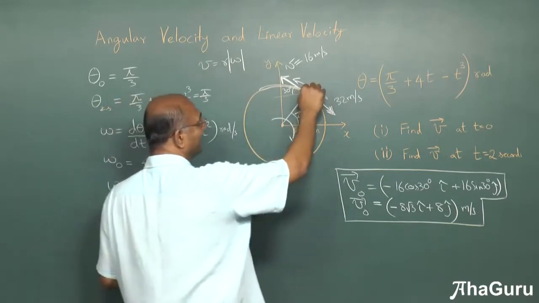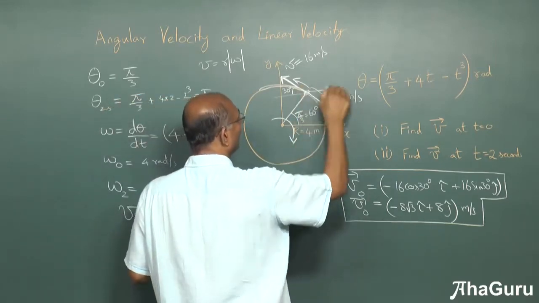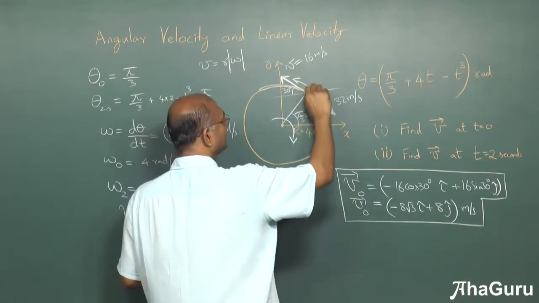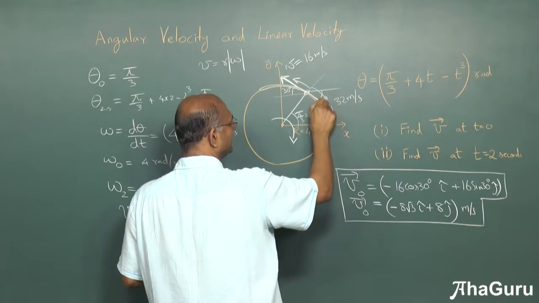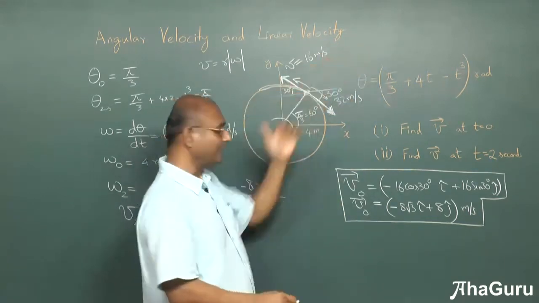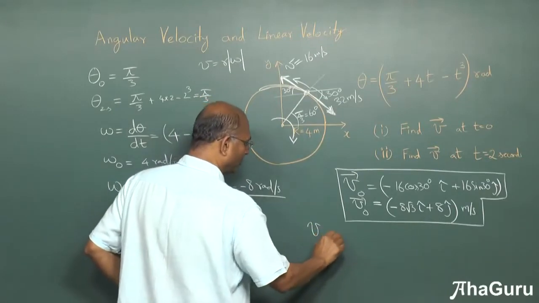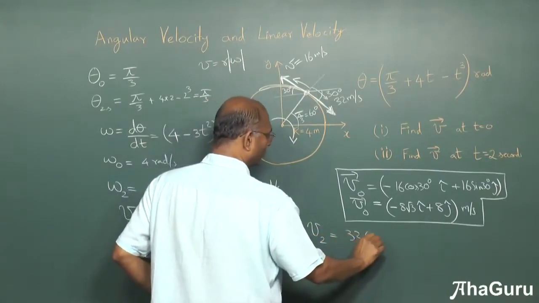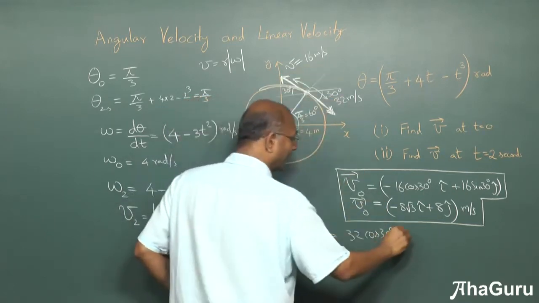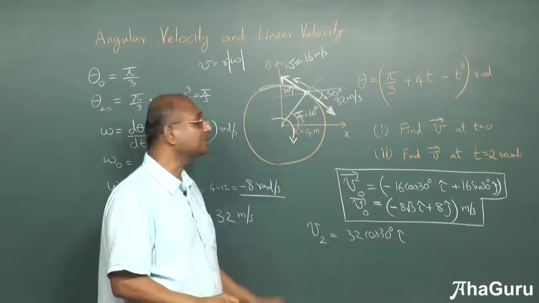Okay, now I've got my velocity to be this way. What is the vector component for this? This would be 60 degrees. This would be 30 degrees. So velocity at time 2 is 32 cos 30 degrees, but notice it is in the i cap direction, plus i cap.